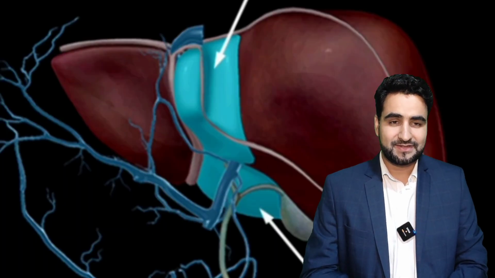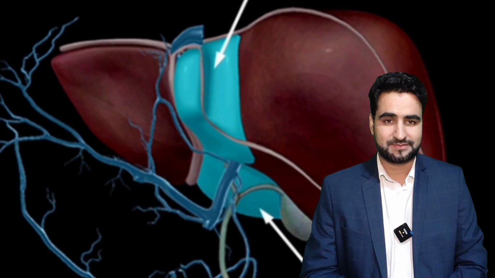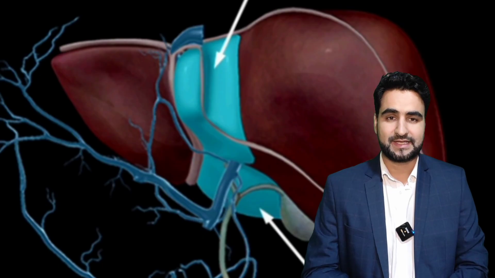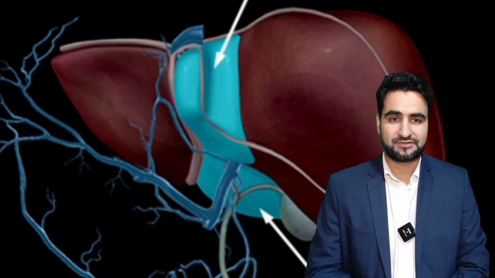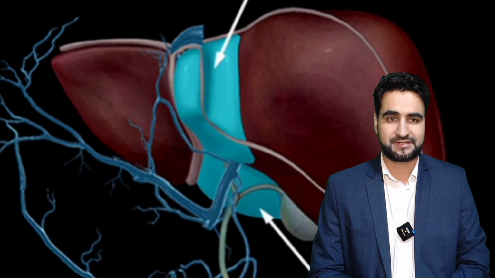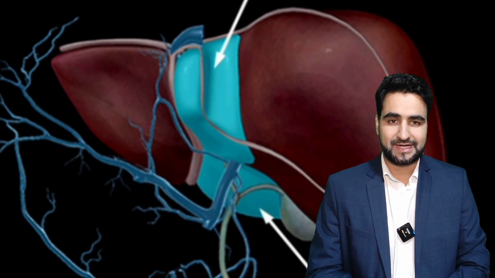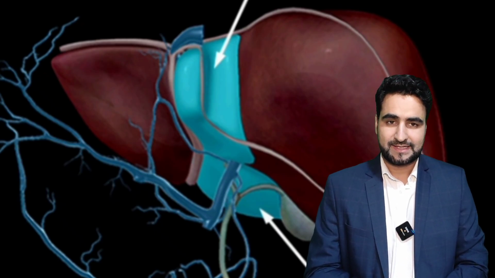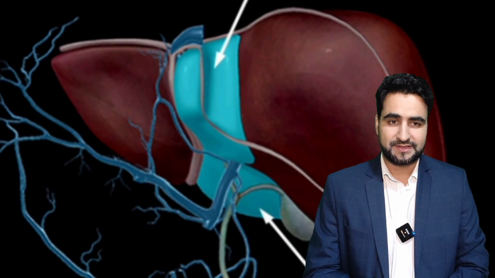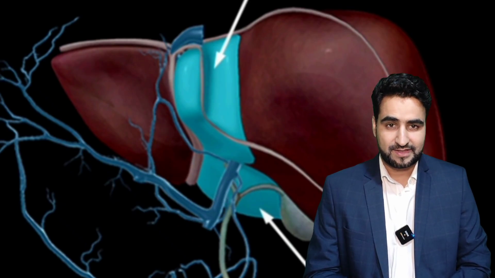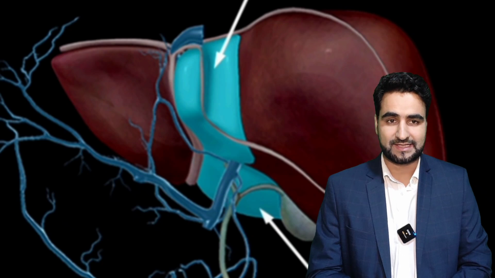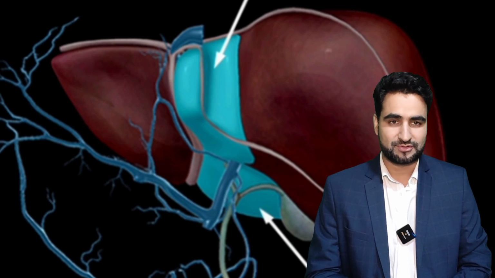Let's summarize the key features of the caudate lobe anatomy. First is apex. In the first image, I have shown a wedge-shaped structure near the confluence of hepatic veins. Second is the posterior boundary. Posterior boundary faces the inferior vena cava. It is a common site for lesions like metastasis or hepatocellular carcinoma.